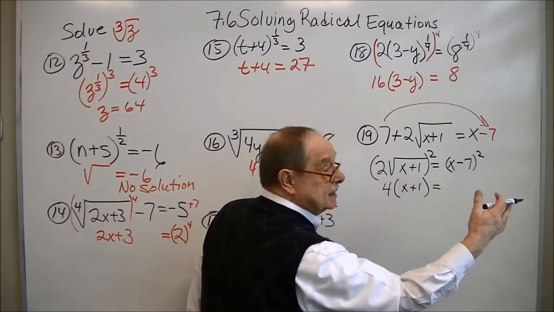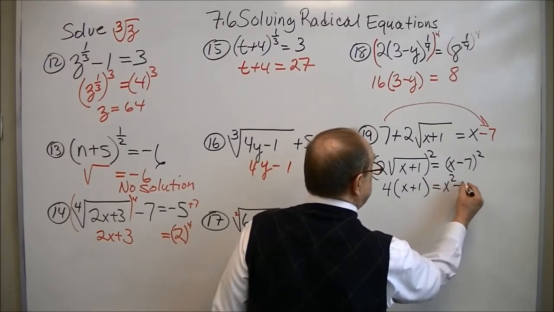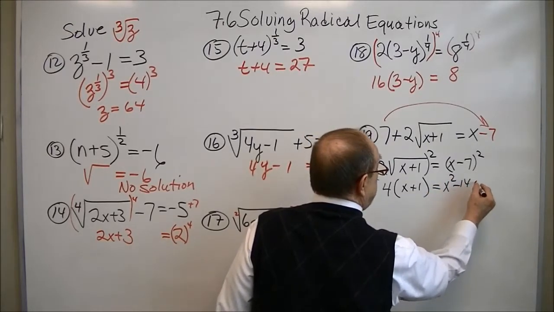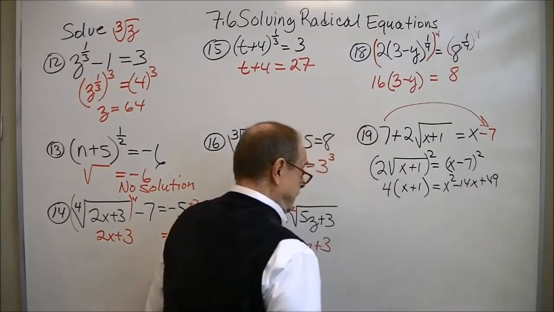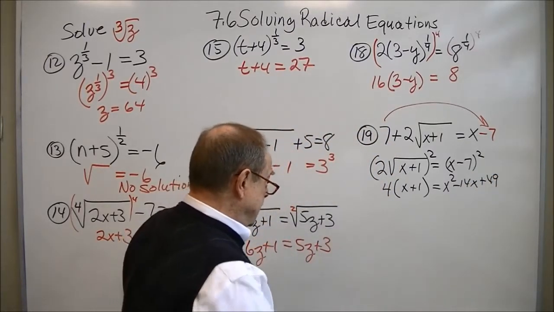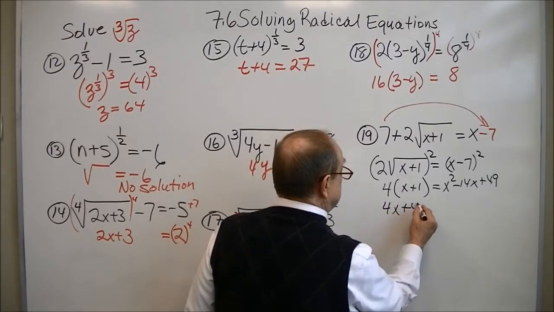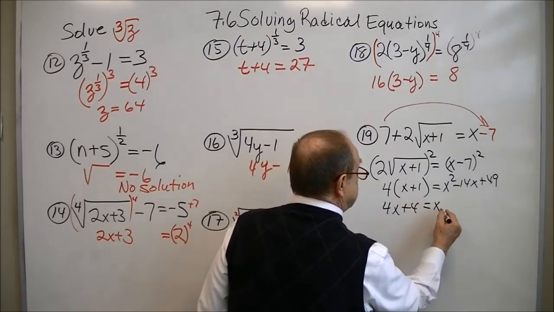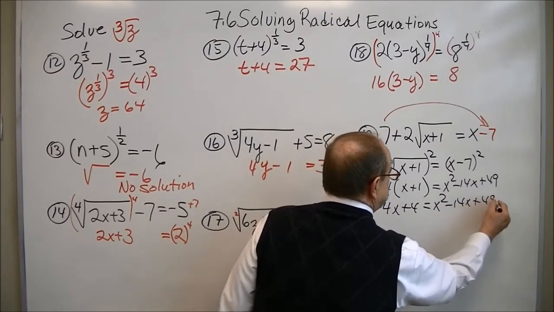We're going to use that in the next chapter. So that's x squared minus 14x plus 49. Then this is going to become 4x plus 4 equals x squared minus 14x plus 49.